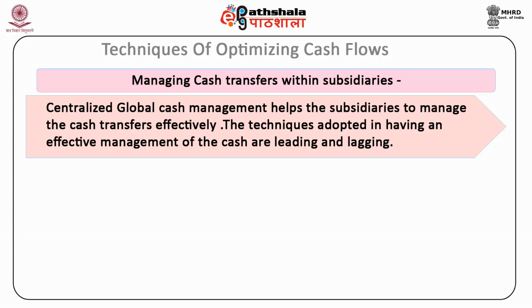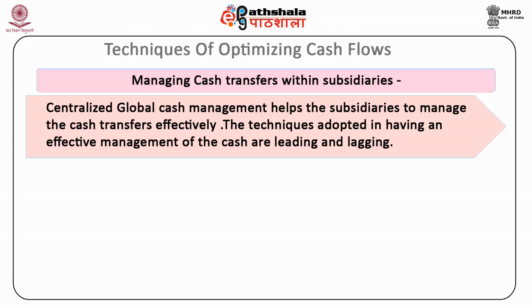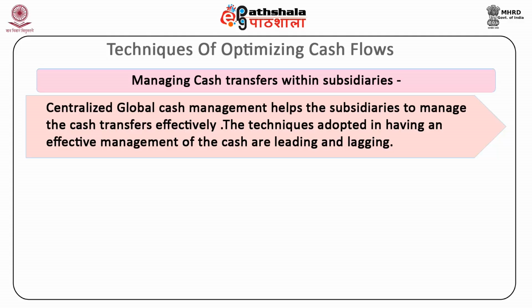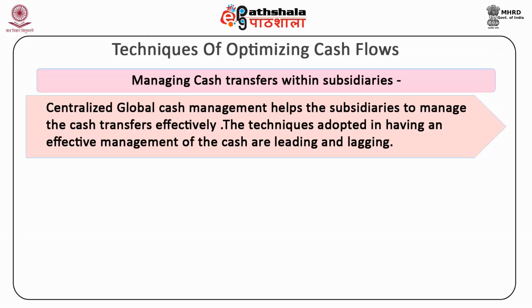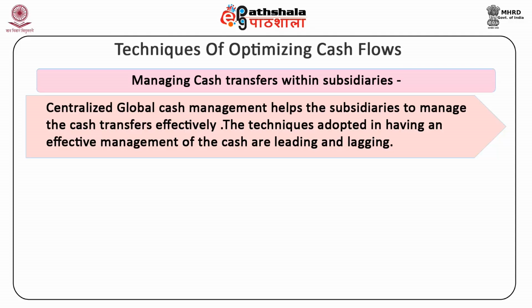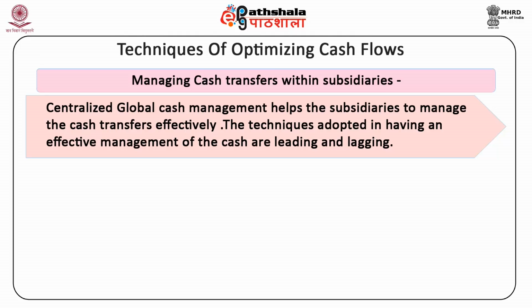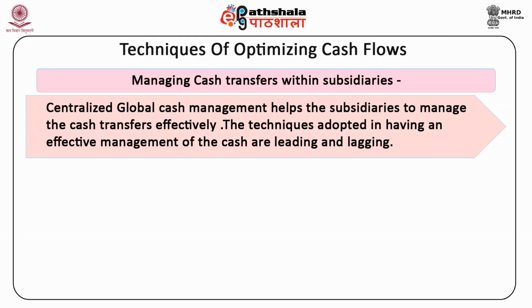Subsidiary A has to make a purchase from subsidiary B. In this case, subsidiary A can make an early or advance payment to subsidiary B. This is known as leading. On the other hand, if subsidiary A has made a sale to subsidiary B, in this case, subsidiary A can delay the date of receipt of payment by subsidiary B. This is known as lagging.